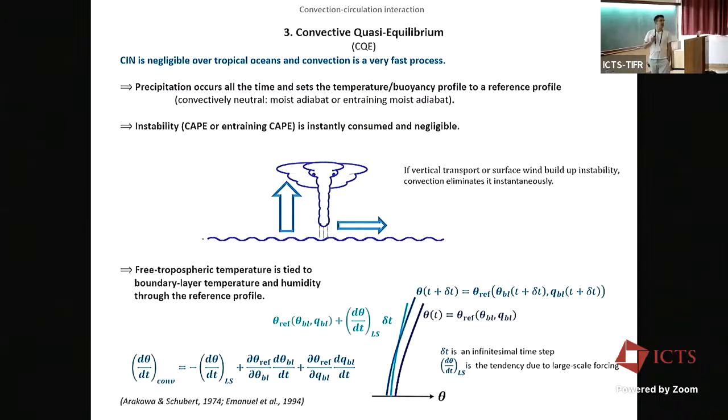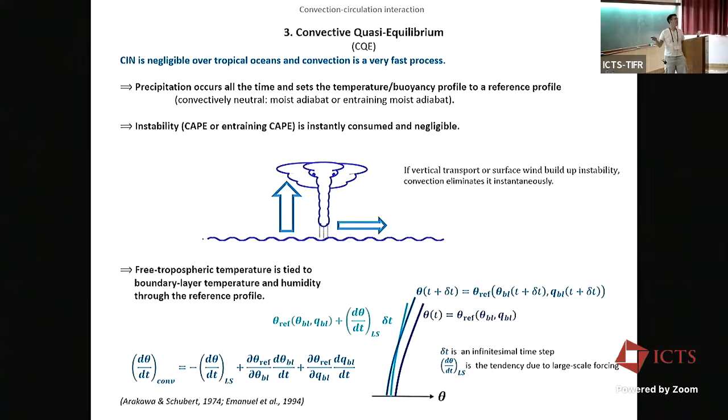But it will never get there because the convection is going to react almost instantly. And it will essentially get this profile back to a reference profile, but maybe with different humidity and temperature at the bottom. So essentially redistributing the temperature, the energy and humidity on the vertical so that you are at the reference profile with maybe a different state in the boundary layer.